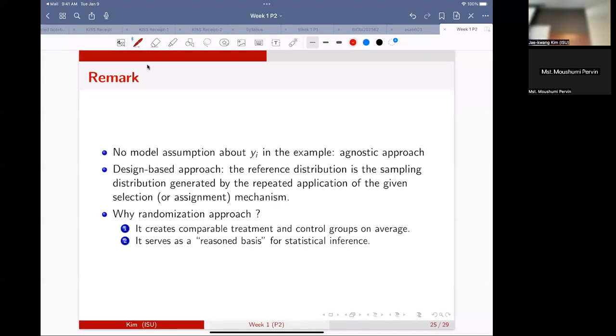So essentially, in the design-based approach, the reference distribution is the sampling distribution generated by the repeated application of the given selection mechanism. And why are we doing that? So this is actually a gold standard, I'd say.